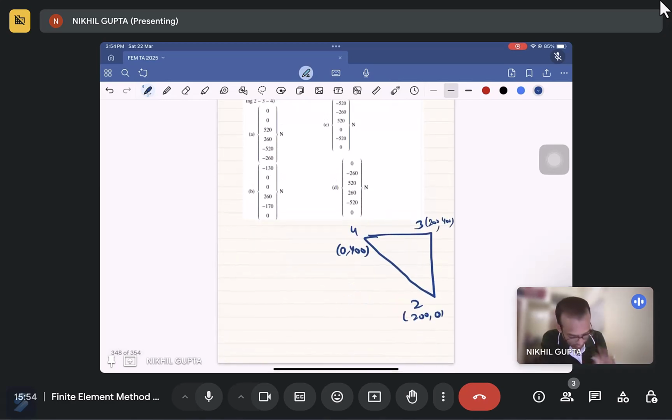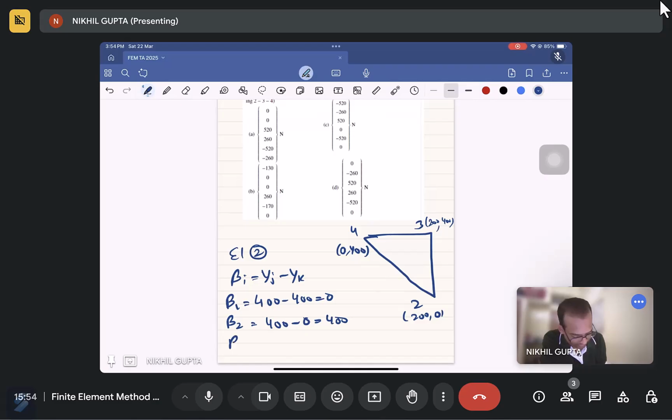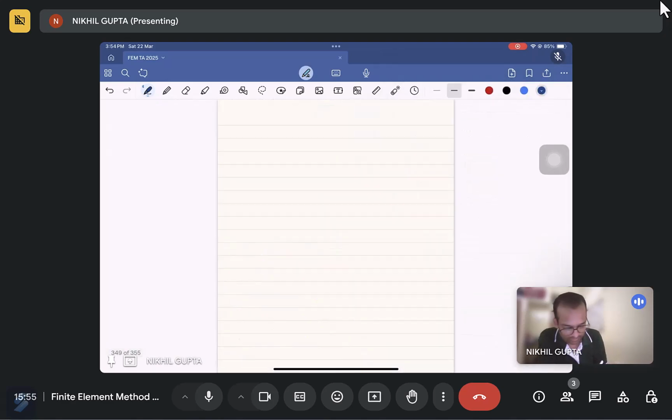Now since we have calculated for element 1, we have to calculate the beta values for element 2. Beta i is yj minus yk. Beta 1 will be 400 minus 400, which is 0. Beta 2 will be 400 minus 0, so 400. Beta 3 will be 0 minus 400, this is minus 400. Simply we'll calculate gamma values also. The formula is minus of xj minus xk.